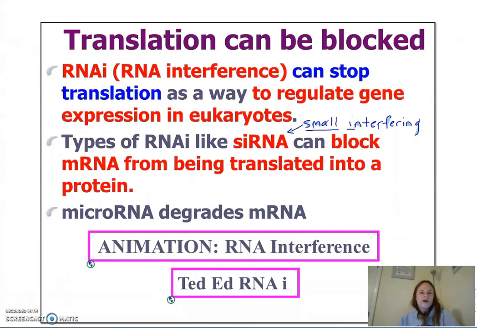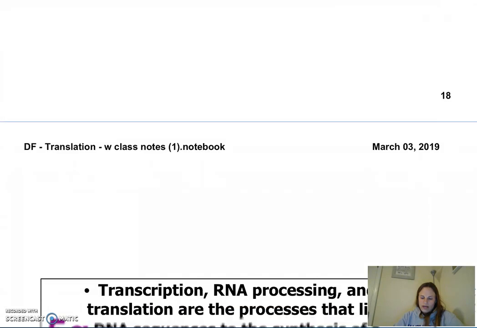Another type of RNAi is siRNA, small interfering RNA, that can block the messenger RNA from being translated into a protein. And then you've got microRNA, which just degrades the messenger RNA.